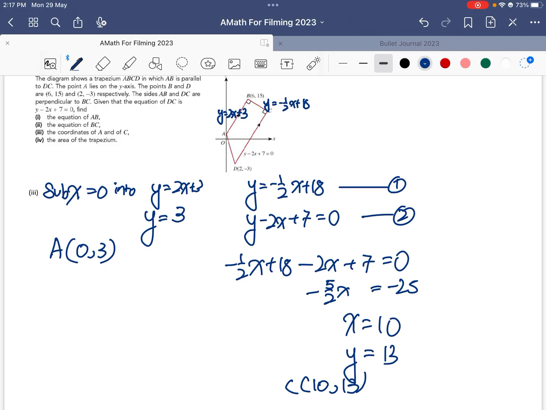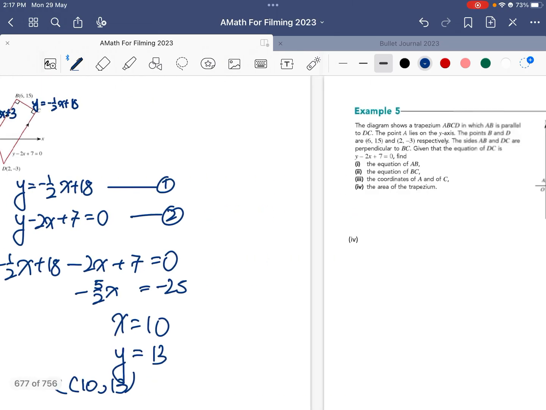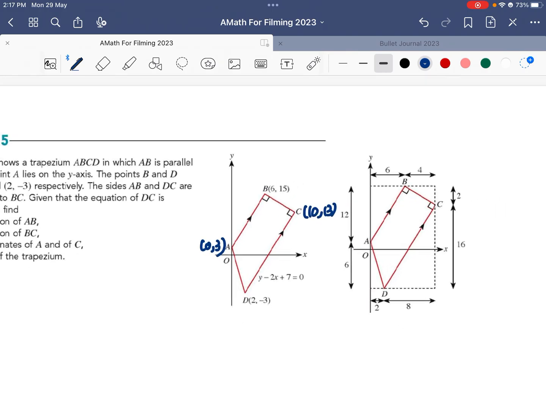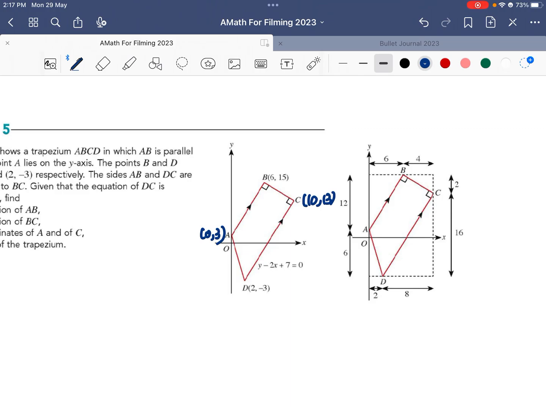Okay, now I've got A is 0, 3, and C is 10, 13. So A is 0, 3, and this is 10, 13.